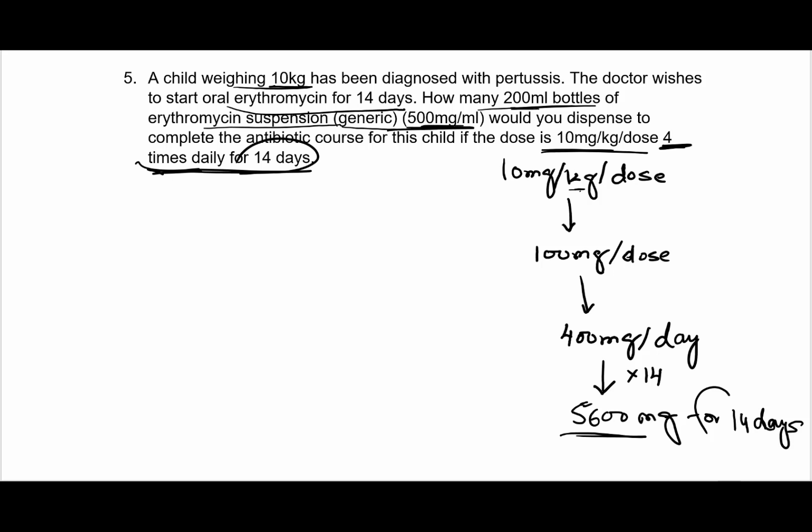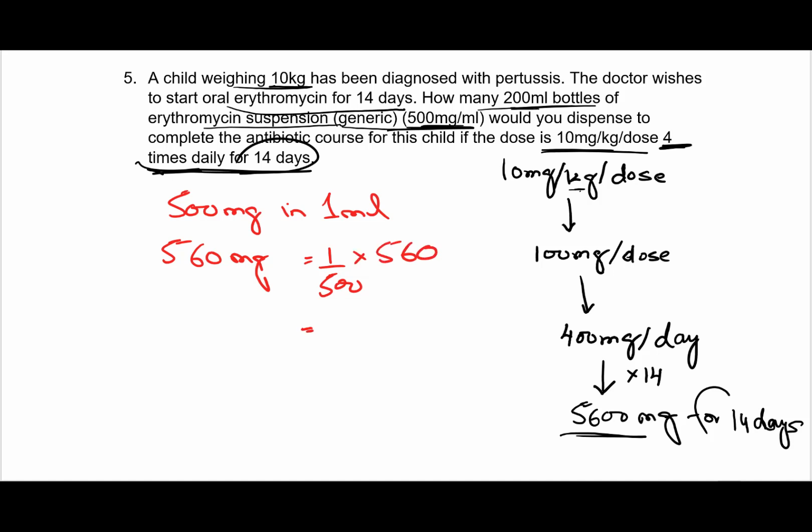So the strength of the suspension says 500 milligram is present in 1 mil, and we have to give 560 milligrams. That will be present in 1 divided by 500 times 560, and that turns out to be around about 1.12 mil, which is actually very less because there are hypothetical numbers in this question.